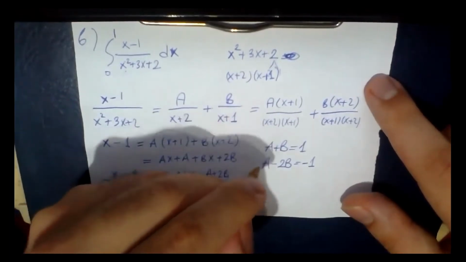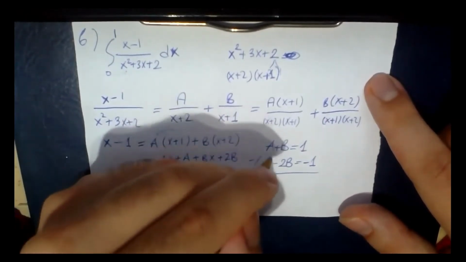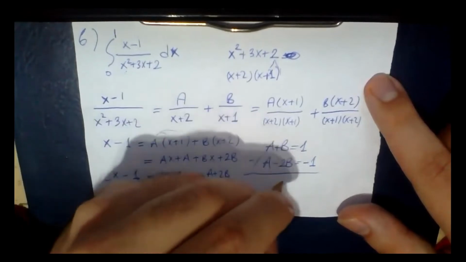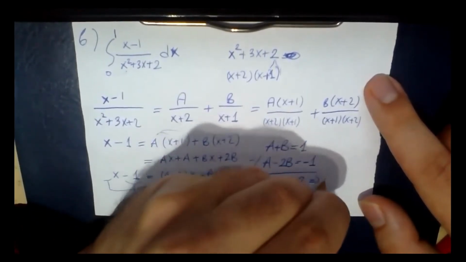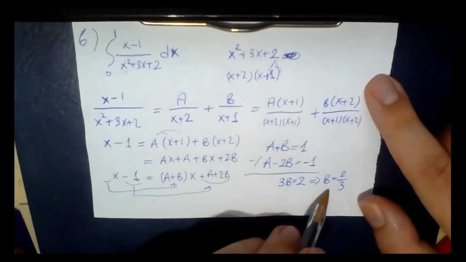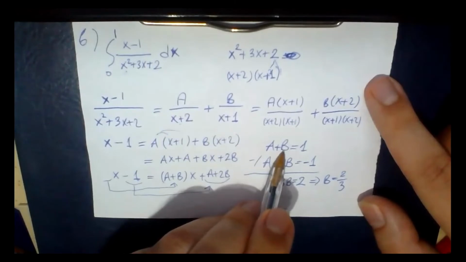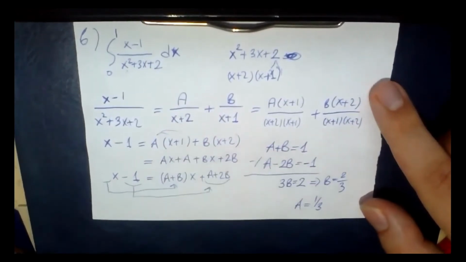If we subtract the second equation from the first equation, a will cancel and we will have 3b equal to 2, which implies b is equal to 2 over 3. Then if we plug b into the a plus b equals 1 equation, we will find a is equal to 1 over 3.